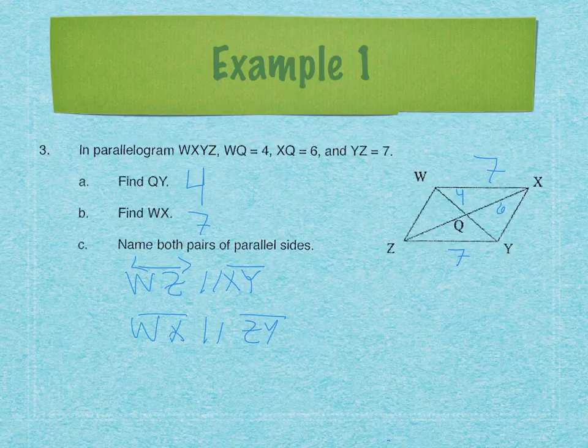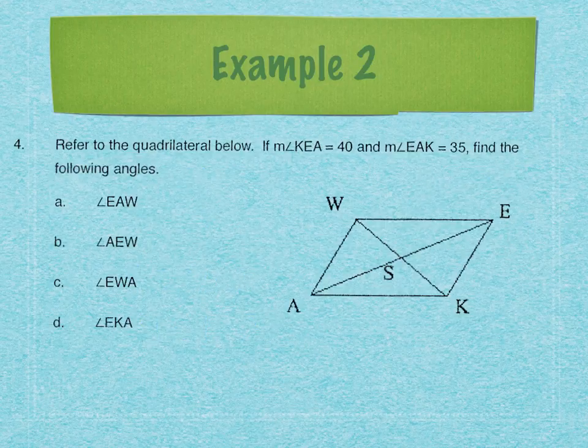All right. Now let's look at example 2. I'm given another quadrilateral. All I'm told here is that it's a quadrilateral, and I have that angle KEA, this small angle here, is 40 degrees.